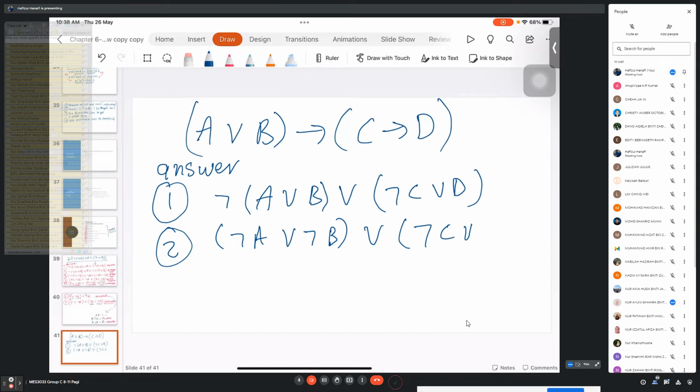Kenapa kena letak negate sini? Negate kat dalam. Yang satu. Ya, okay. Lepas tu? Kita buat distributive. Distributive law macam mana?